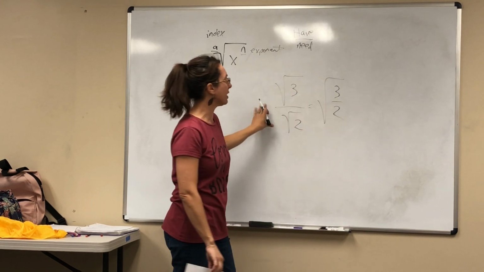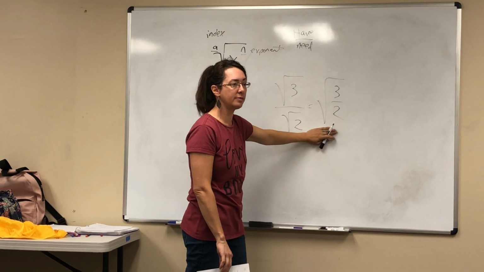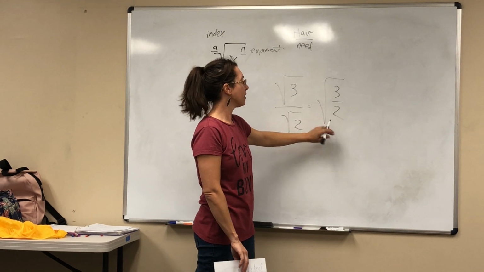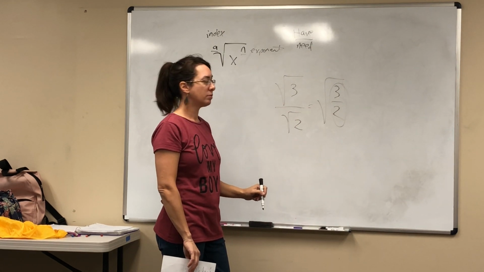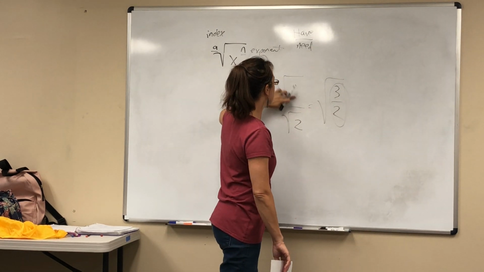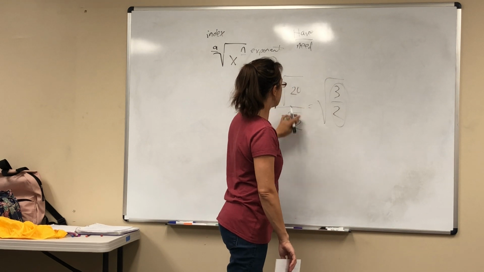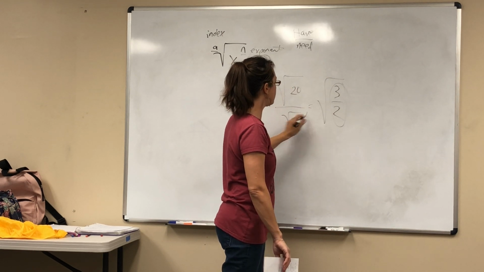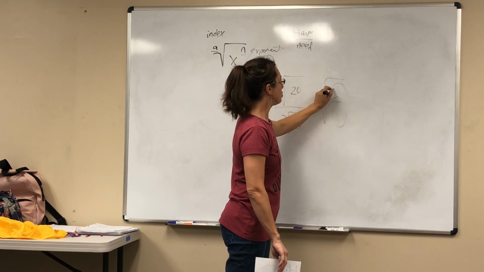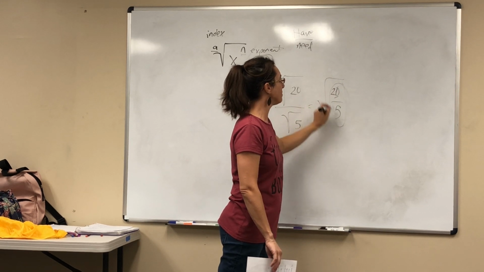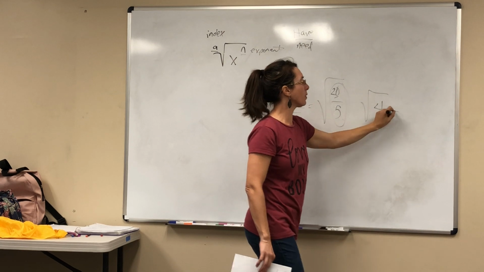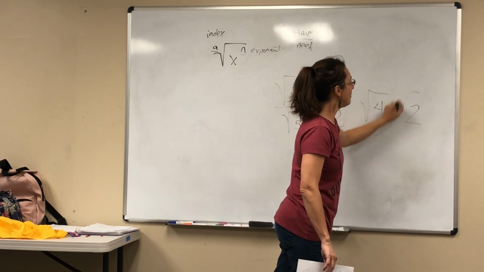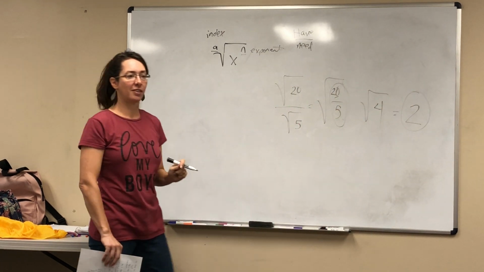We can combine it all and have it on the inside, right? And then we can simplify this if possible. So if I had square root of 20 over the square root of 5, I would do 20 over 5. 20 divided by 5 is square root of 4. Square root of 4 is 2. We got a nice happy answer there.